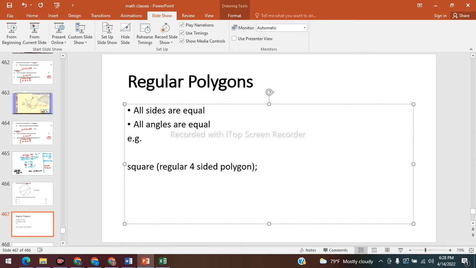Close, very close. Do all triangles have all equal sides? Oh, you mean a type of triangle? Scalene? No. I can't remember now what it is. I want a regular three-sided polygon.